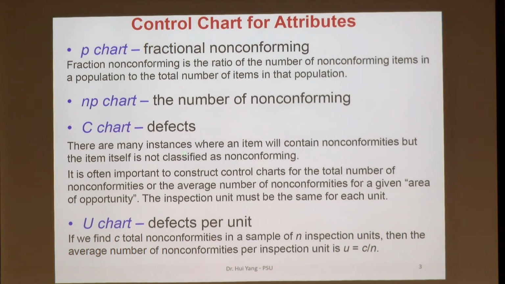So this is the defects, and the U chart is defects per unit. If we found C total non-conformities in a sample of n inspection units, then the average number of non-conformities per inspection unit is U equals C over n. Okay? That is the average number of non-conformities.